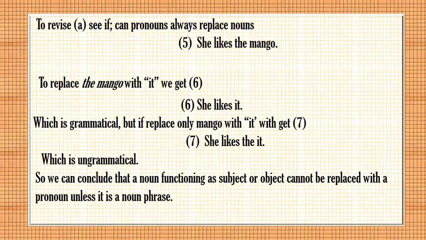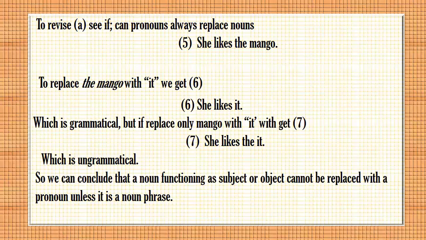But if we replace only mango with it, we get 7. She likes the it, which is completely ungrammatical. So we can conclude that a noun functioning as a subject or object cannot be replaced with a pronoun unless it is a noun phrase.